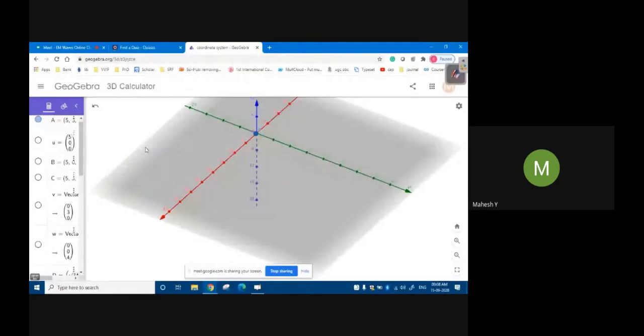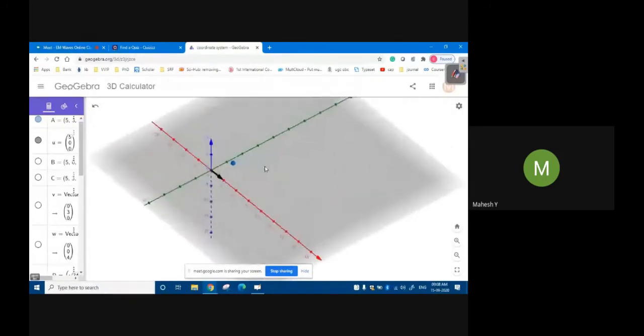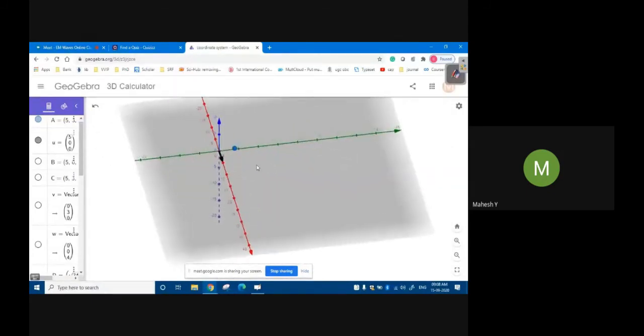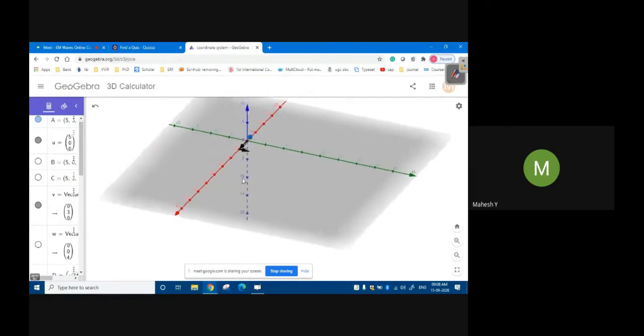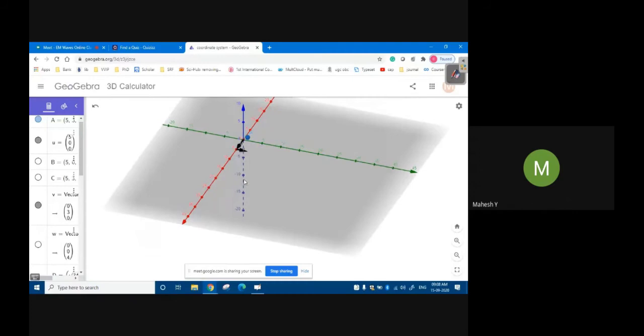If I want to reach there, one method is I can go till 5 along the x-axis. So like this, till 5 I can go along the x-axis. Then I can reach the shadow of the point A, just below A. So that is the second point, 3 along the y-axis.